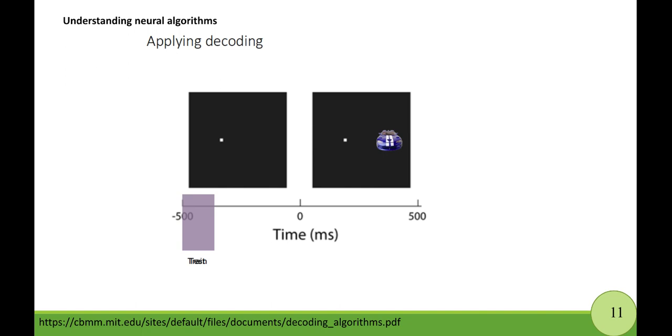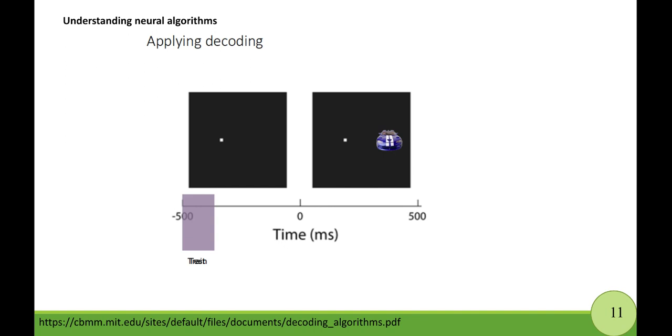And we expect that from minus 500 milliseconds to zero, because we haven't shown any stimulus, the predictor needs to predict randomly based on the classes. So imagine if we have 7 classes, the performance needs to be around 1/7, unless this monkey or human is very good and can predict above chance, which is highly unlikely.